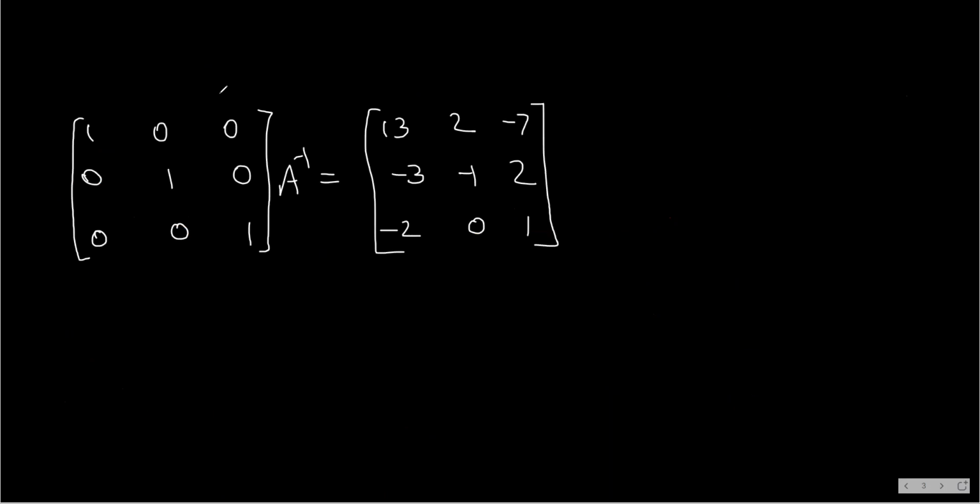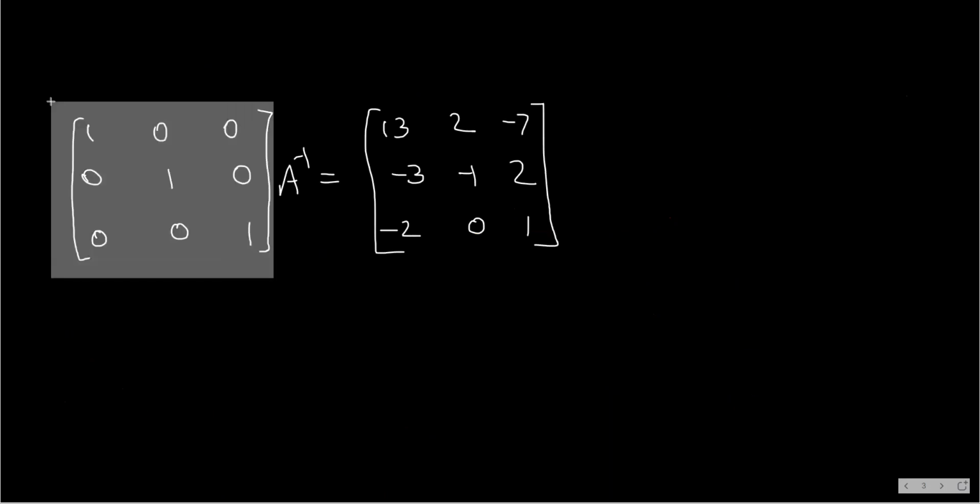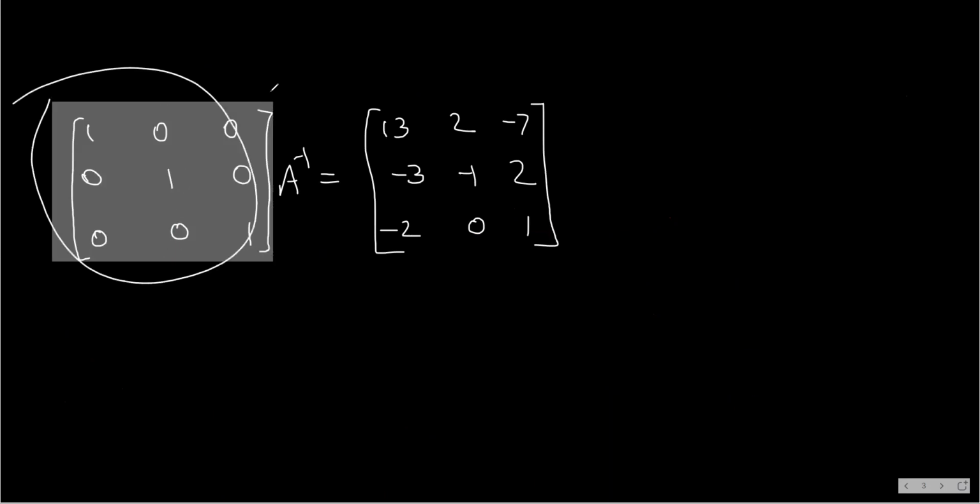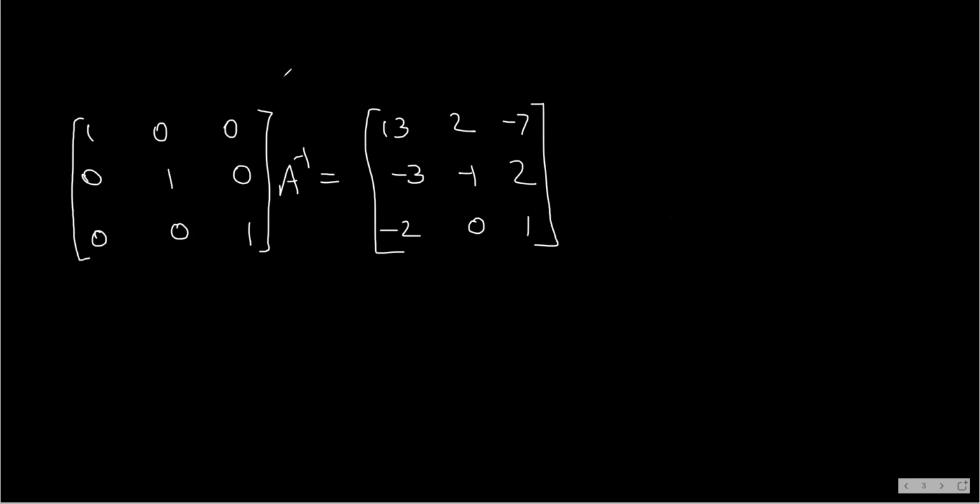Now see students, this side you have identity matrix. You achieved your goal. This is I. You check this. This is an identity matrix. And remember, when you multiply identity matrix to any matrix, it will remain the same matrix. So here I have I into A inverse equals to 13, 2, minus 7, minus 3, minus 1, 2, minus 2, 0, 1.